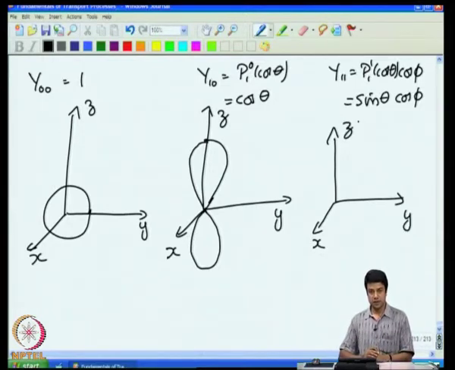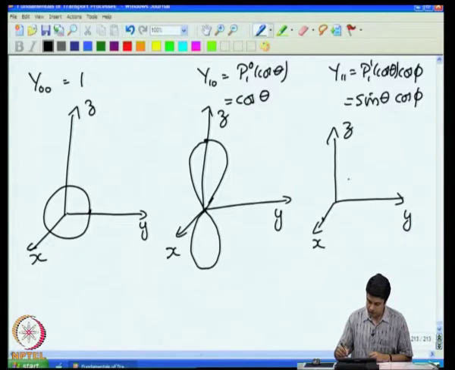Along the x axis at y and z equal to 0, you will find that theta is equal to pi by 2, phi is equal to 0. So, it will have maximum value here, and along the minus x axis it will have a minimum value. So, it looks something like this.